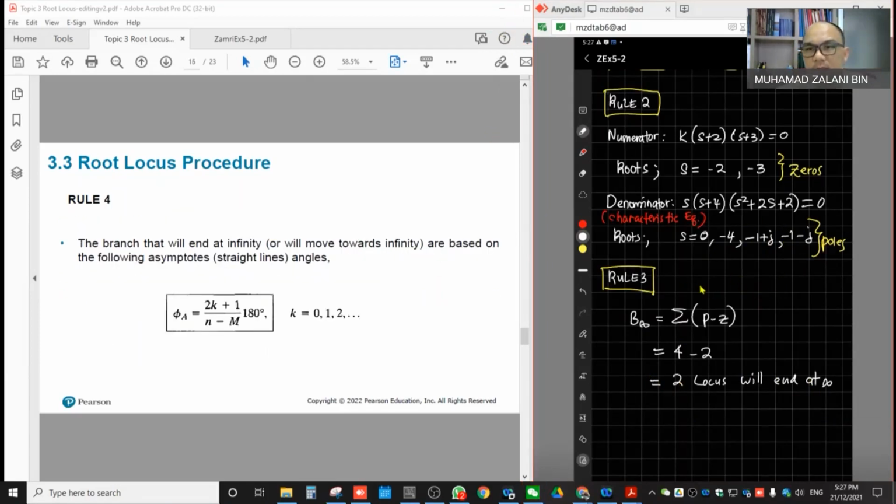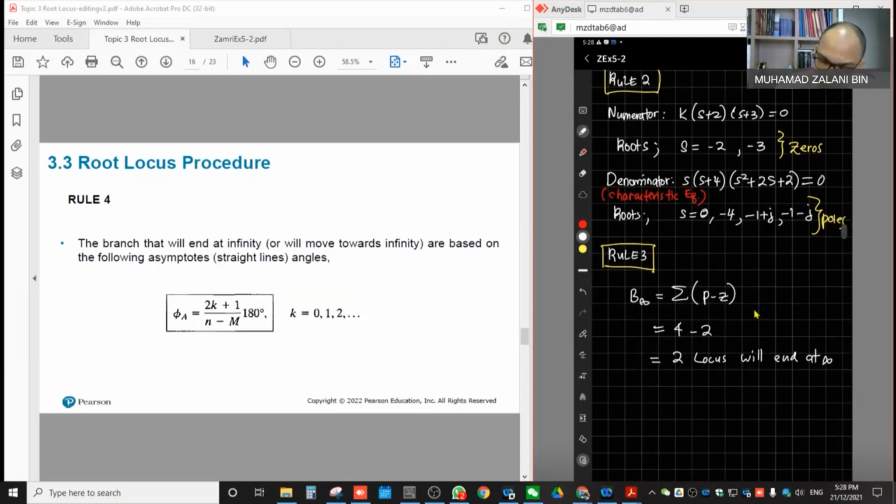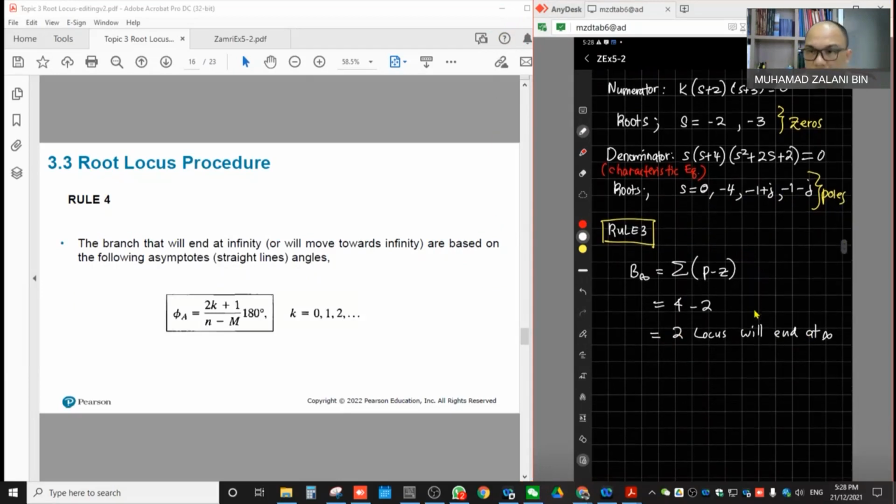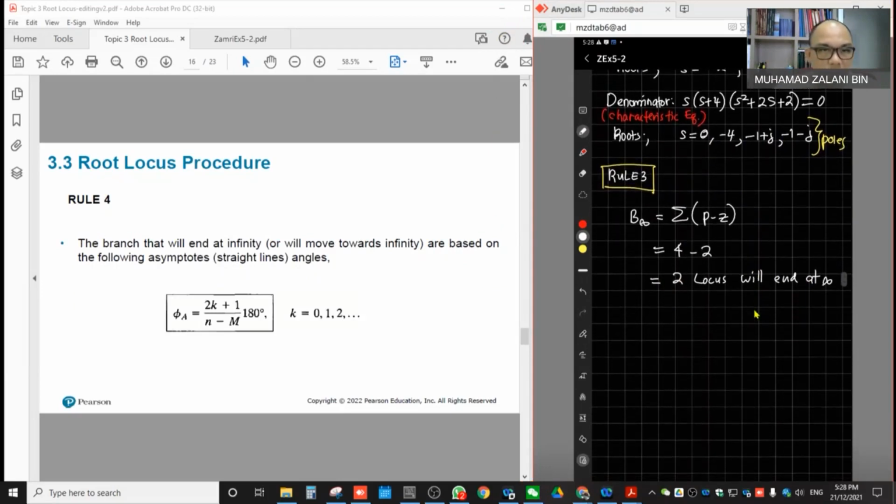So far we don't have a problem for the real axis locus. Now we are going to follow rule number 4. The branches that will move toward infinity follow asymptotes, which are straight lines at certain angles. So we need to find the asymptote angles for the locus that will end at infinity.